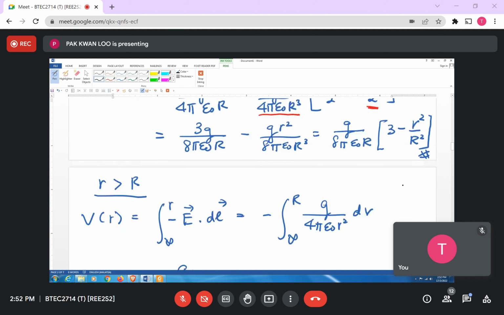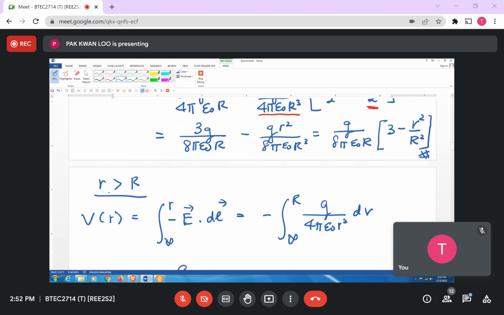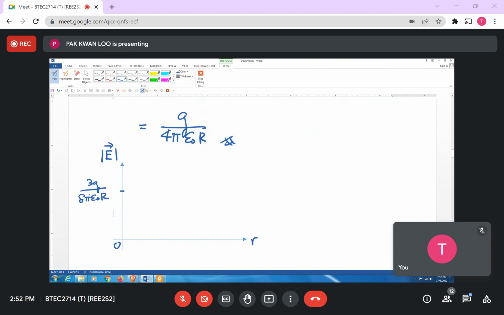When r equals 0, we start at a value, yeah, we start at this value here, up until r.